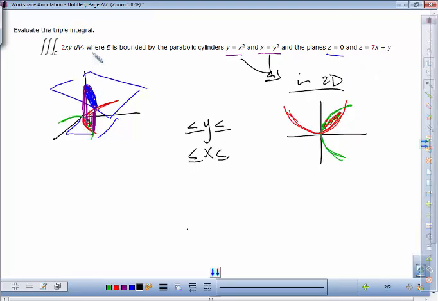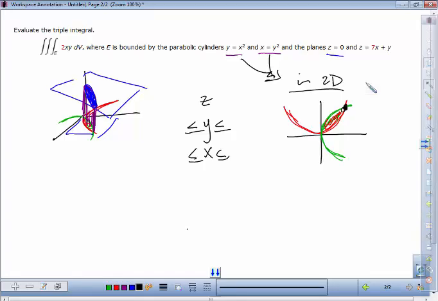And then your first integral, the innermost integral, is going to be an integral with respect to z. We should have checked if this is above or below the xy plane, but I think this is going to be above. If we pick the point 1, 1, putting 1 in for x and 1 in for y, you get z is a positive number, so we know that that's going to be above the xy plane.